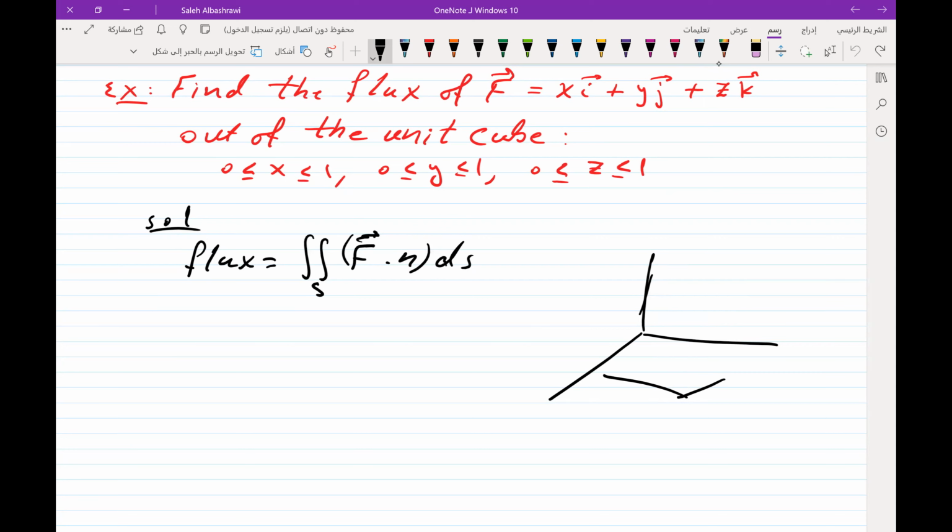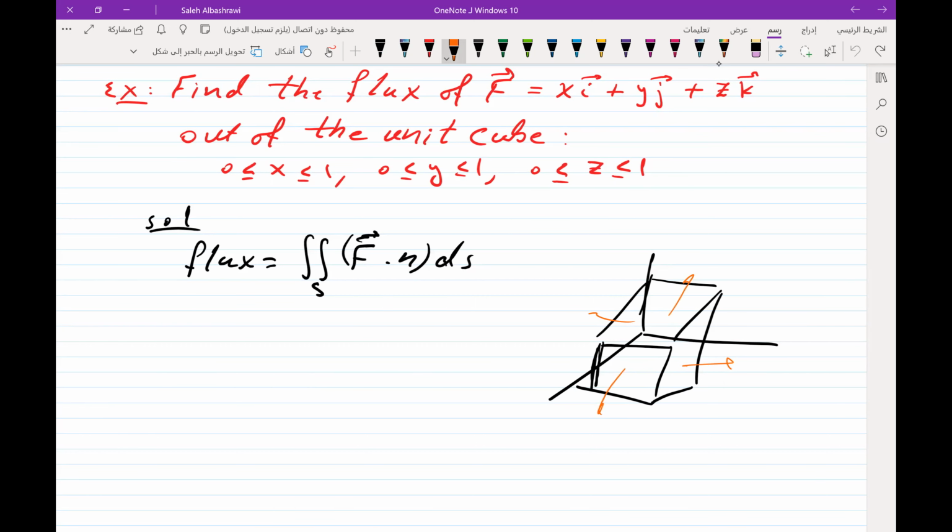For the cube, we have 6 faces: the first face, second, third, fourth, up, down, and to the left.